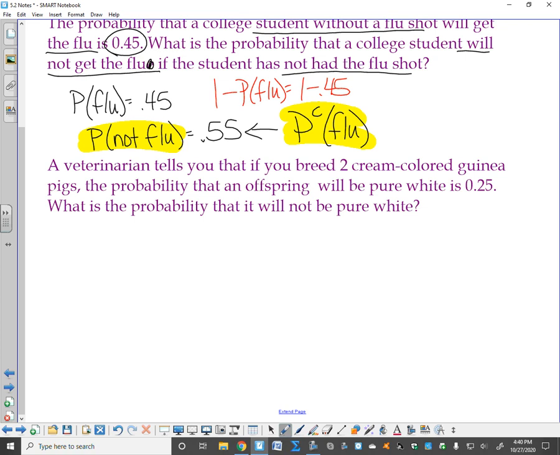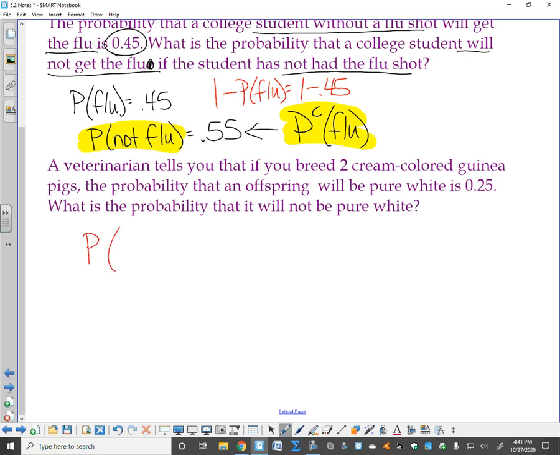A veterinarian tells you that if you breed 2 cream-colored guinea pigs, the probability that an offspring will be pure white is 25%. What's the probability that it won't be pure white? Okay, now let's practice what we're preaching. I am going to write first what I have.